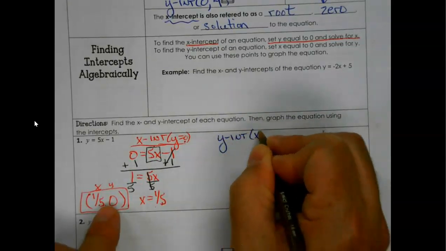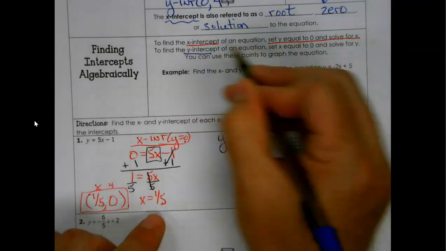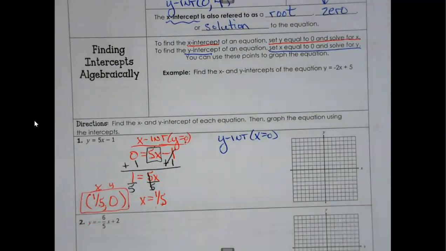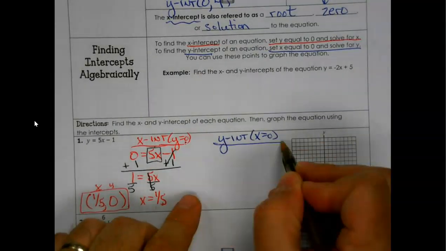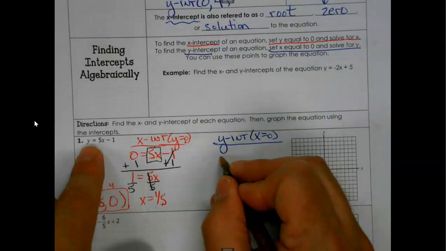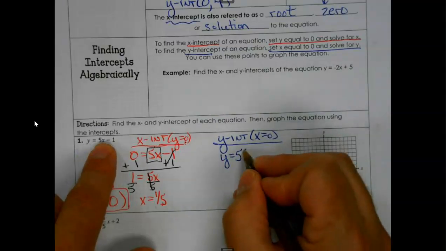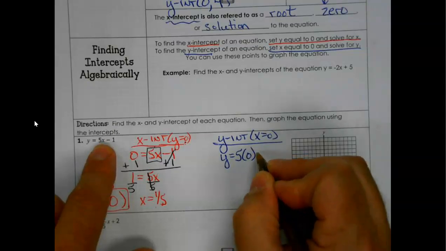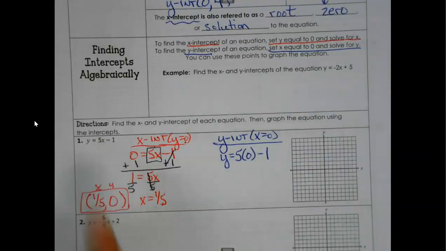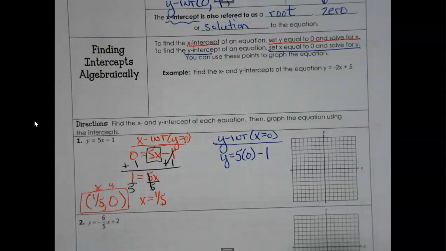And to find the y-intercept, we just flip the order. So we go back in. We start writing the equation when we get to x. Not the whole term, just the x. We replace it with a 0.